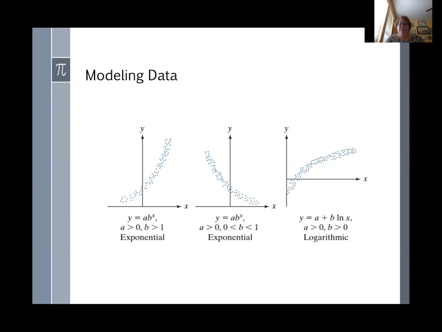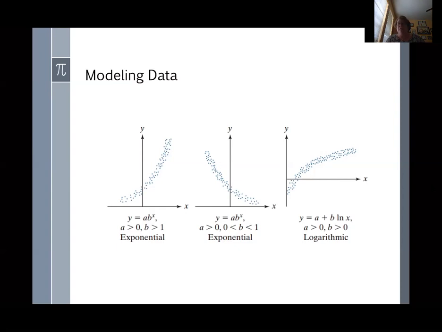The second graph, the one in the middle, when the points were graphed, it looks like exponential decay. In exponential growth, we start off kind of slow and then the growth takes off. In exponential decay, it's decreasing rapidly and then it slows down. The third model on this page is logarithmic.